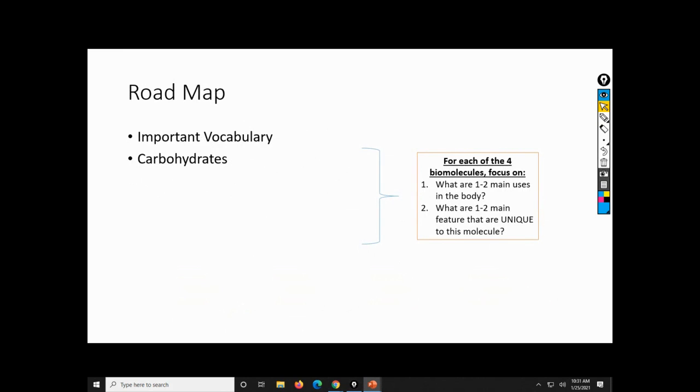Okay. So any questions about any of the vocab, the general vocab we went through before we dive into our 4 biomolecules, starting with carbs?